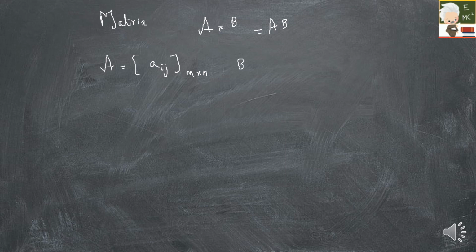And B is equal to Bjk of order N cross P. So what would be my product? AB will be equal to some C. C can be represented as Cik of order M cross P, right?